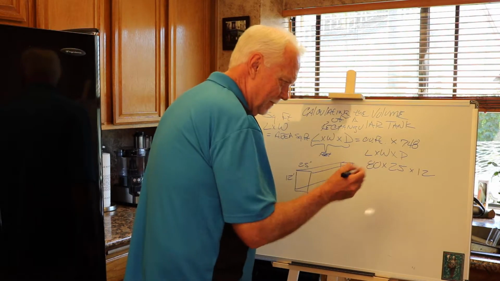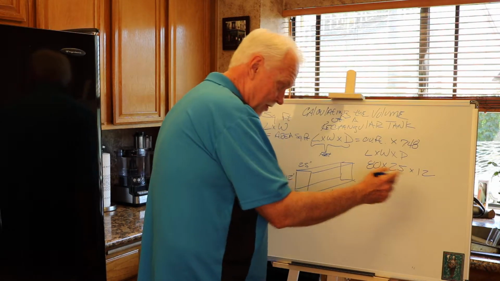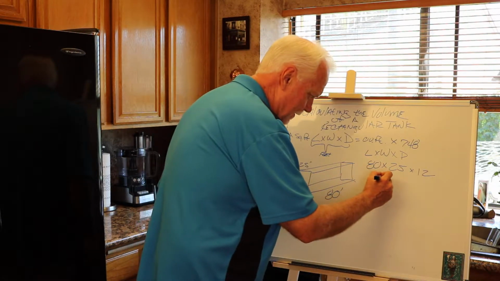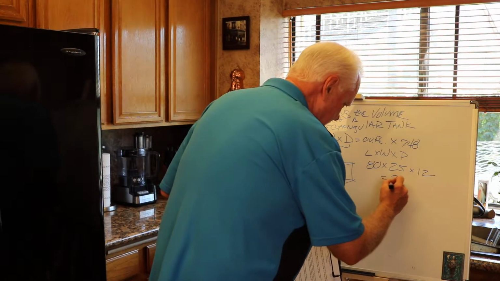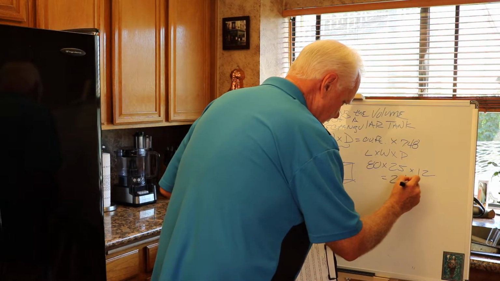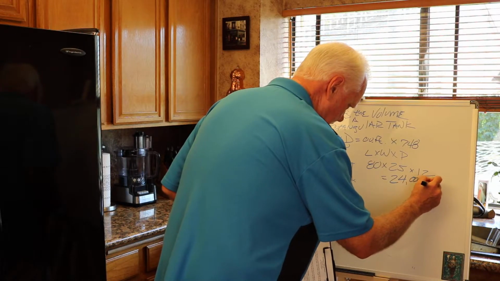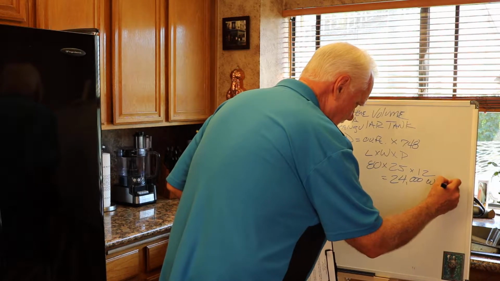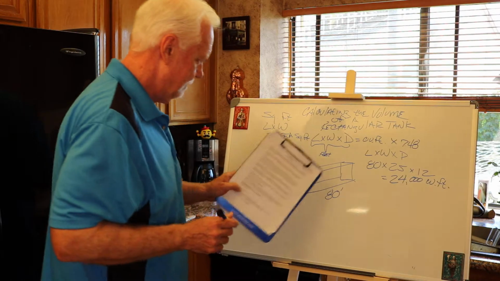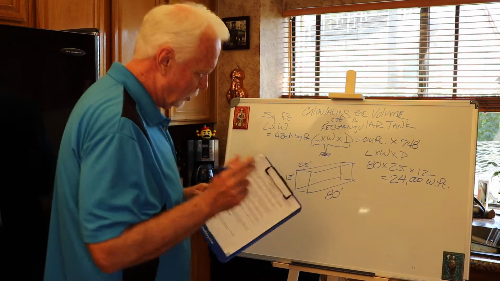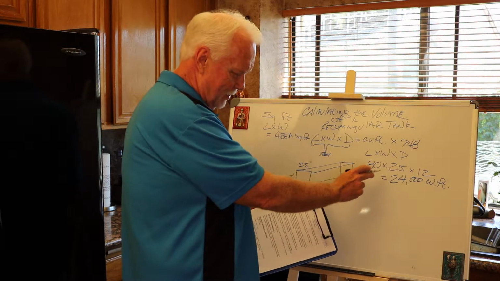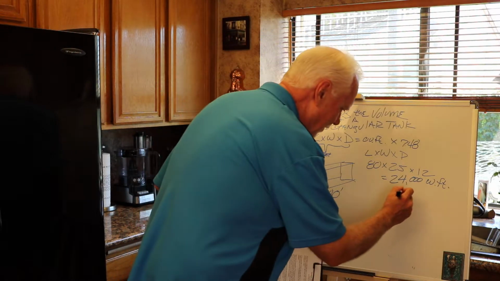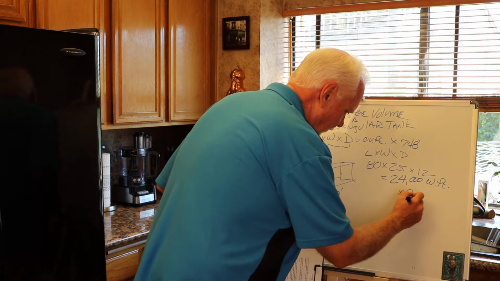Assuming these are all expressed in feet, that equals 24,000 cubic feet. So that is the volume of that tank, 24,000 cubic feet. Now if I wanted to convert that value to gallons, I'm going to multiply it by 7.48.